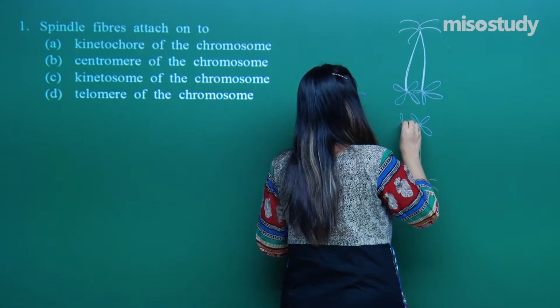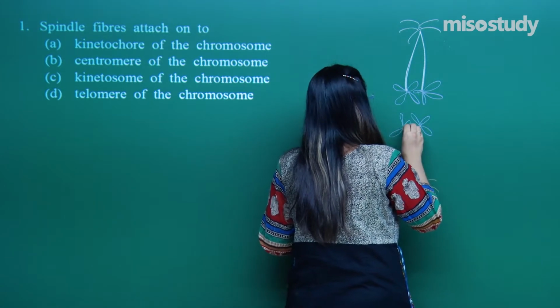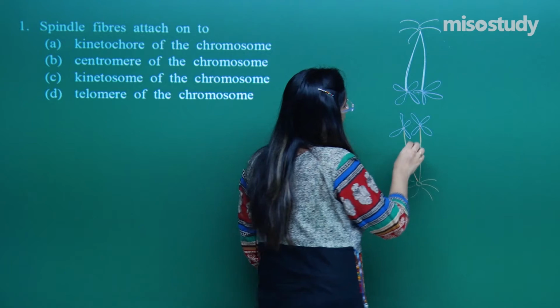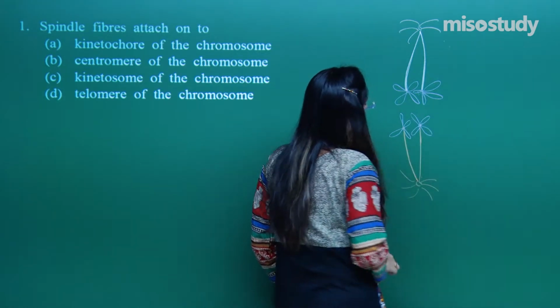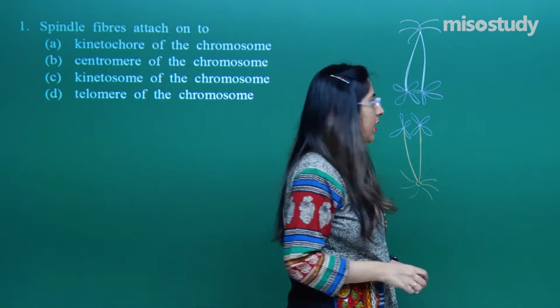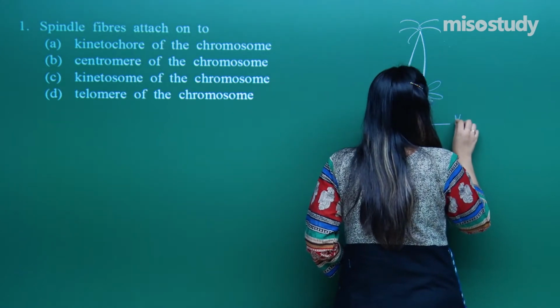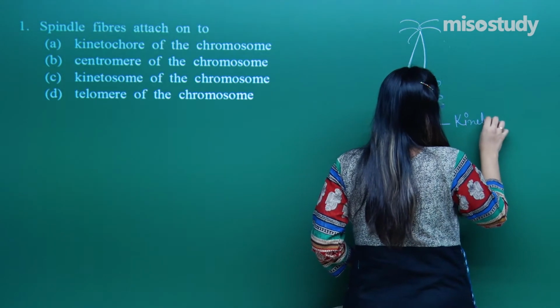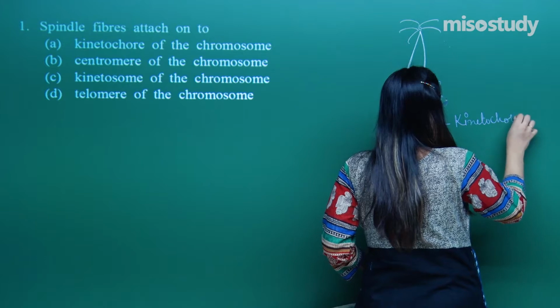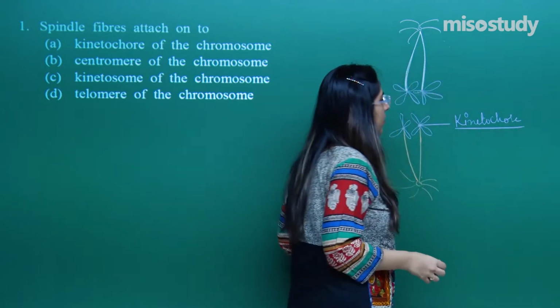The spindle fibers are attached at a specific position of the chromosome, and that is called the kinetochore.